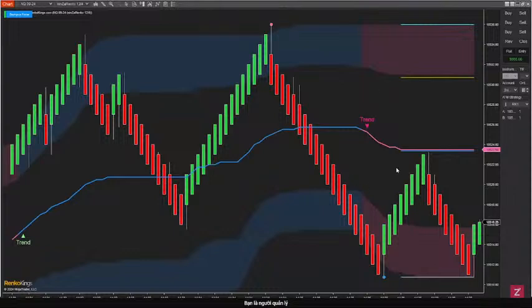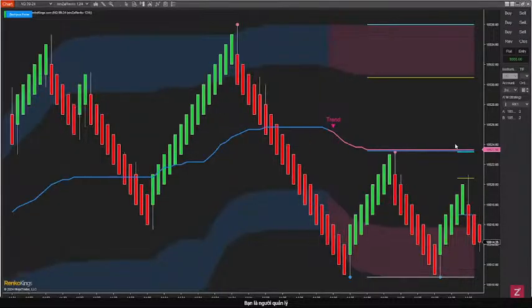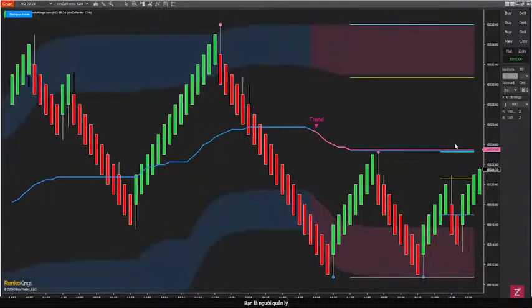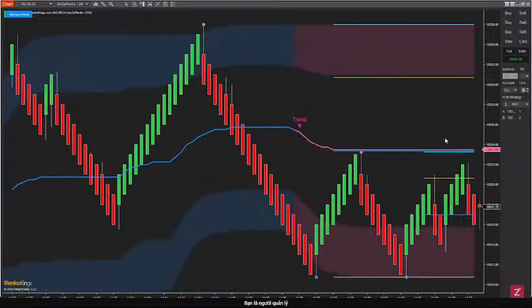Now, if you adjusted some settings, could you find something that would take this kind of short? Yeah. But again, I don't want to start dealing with changing settings. So let's see if we get anything.